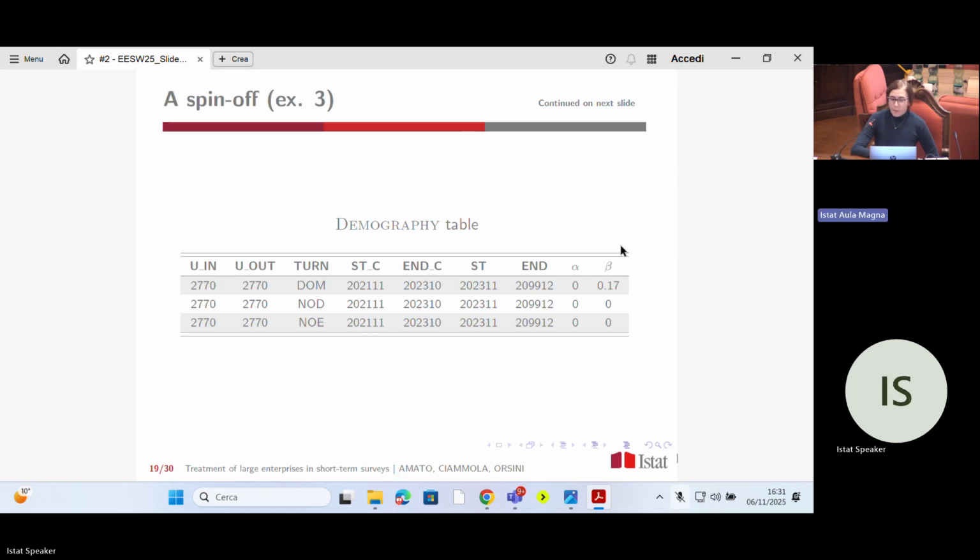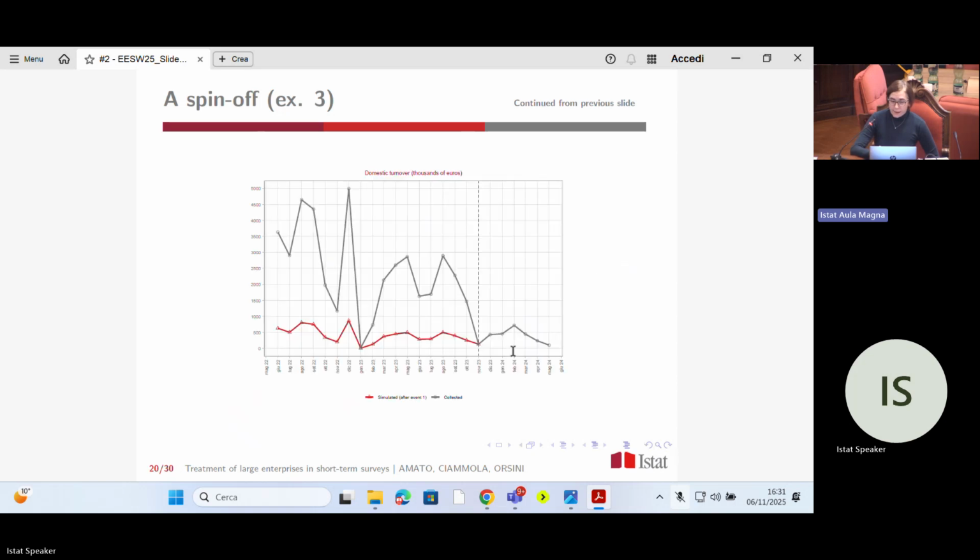This is an example of a spin-off, how it is represented in the demography table. And the red line represents the simulated data.